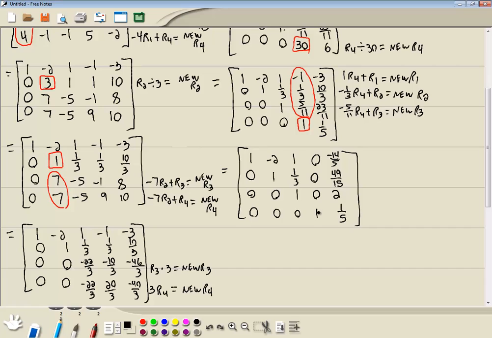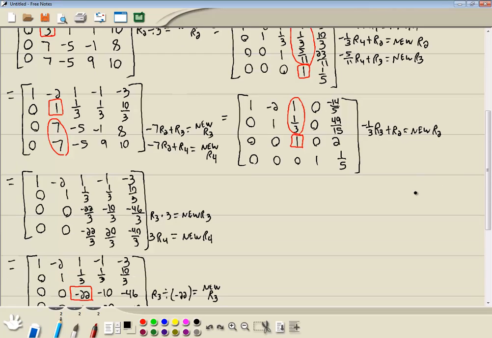Okay, so now we got a 1 here, 0's above it. So we're moving up our diagonal. Now we're right here. Of course, we already had the 1 there, but now we want to get 0's above it. So I'm going to take negative 1/3 times row 3 and add that to row 2. And that's going to give us our new row 2. Let's see what that gives us. Negative 1/3 times 0 is 0 plus 0 is 0.